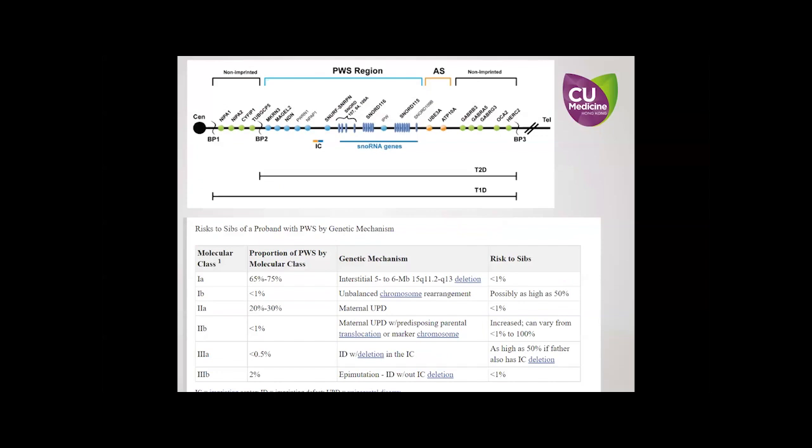Prader-Willi syndrome may affect different regions: the non-imprinted region, the Prader-Willi region, and also the Angelman syndrome region. There are other single genes involved in Angelman syndrome and Prader-Willi syndrome. So with different genetic abnormalities, patients may present with similar features of the two syndromes.